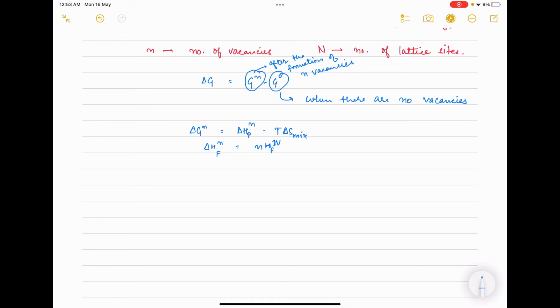Okay, so this is the change in enthalpy for formation of one vacancy.